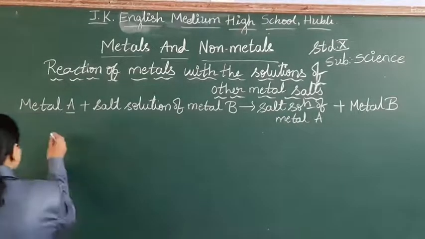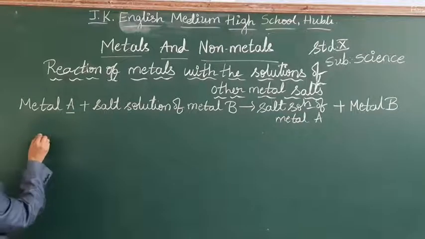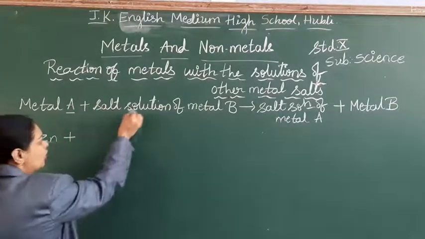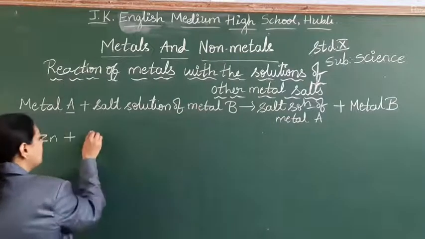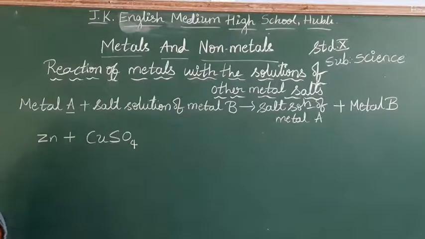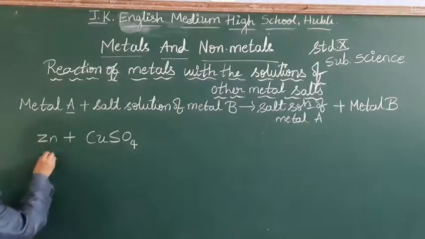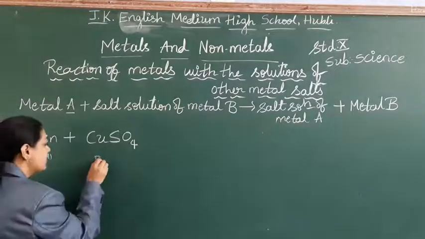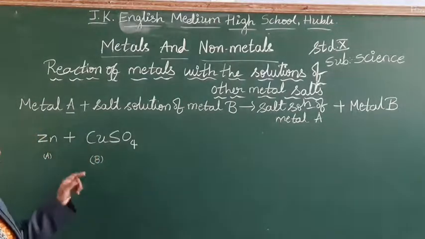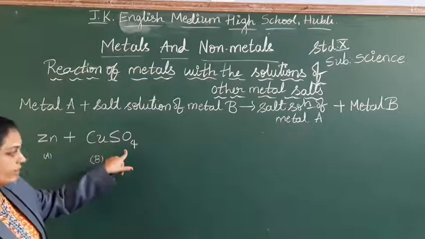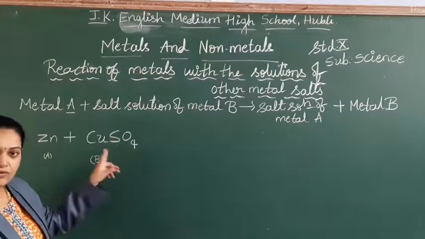Zinc plus, in the place of metal A, let me write zinc, plus salt solution of metal B, copper sulfate solution. Now zinc is metal A, copper is metal B, but the copper is along with this salt, that is copper sulfate, we have made it the aqueous solution.